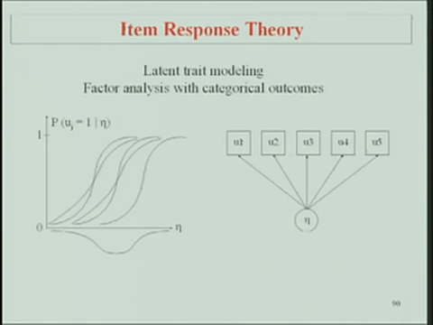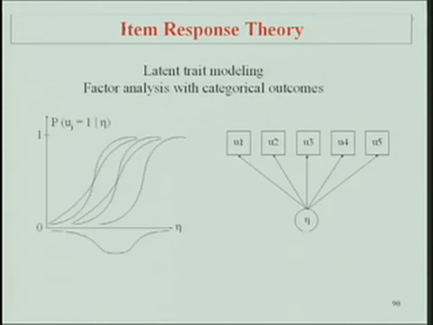And we're going to have several of them, so we're going to put a subscript j, indicating that this is just one of the many dichotomous items. Say in an achievement test, a multiple choice test given by ETS, for instance. So the y-axis varies between 0 and 1. And the x-axis in this case corresponds to the factor eta, or f, a continuous latent variable with a certain distribution.